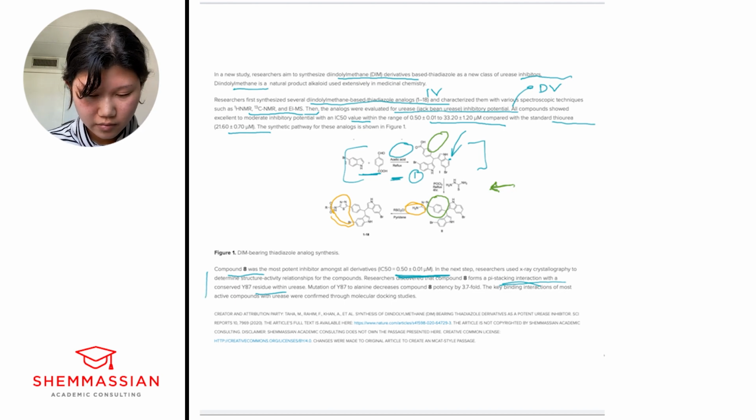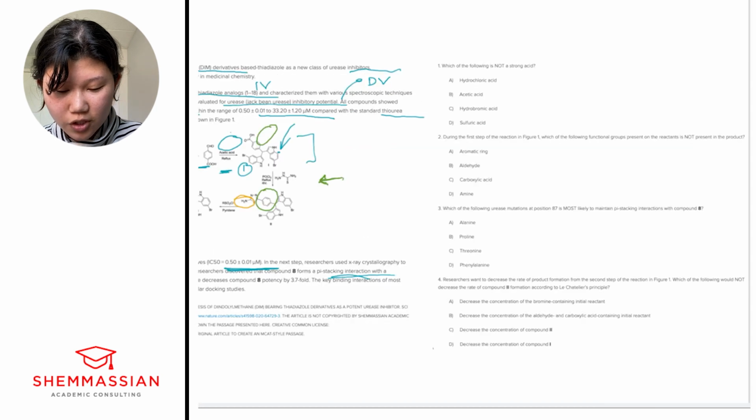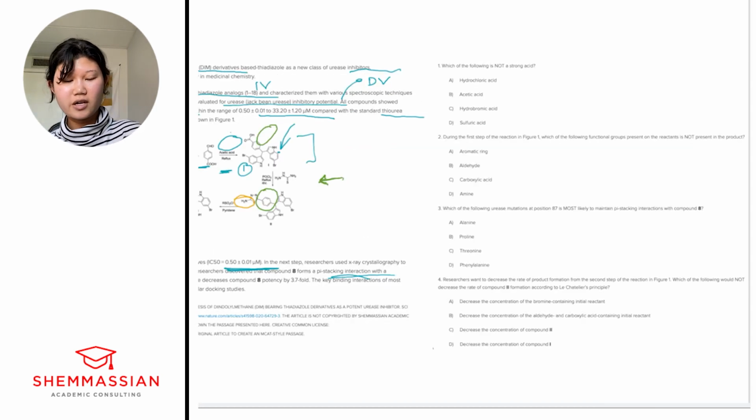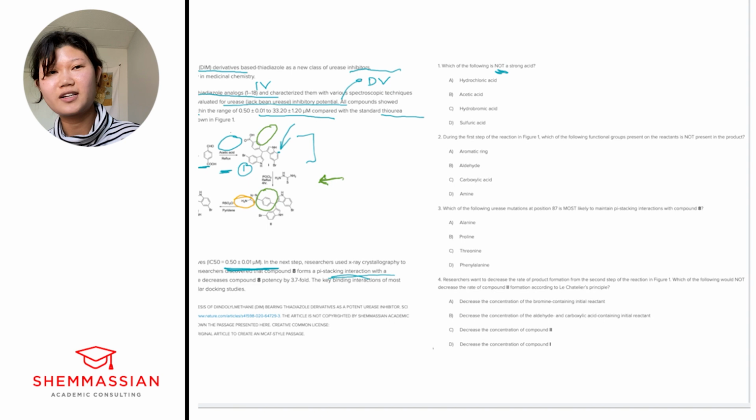All right. So question 1, which of the following is not a strong acid? Okay, so keywords, not. Anytime they have the word not or except, always note that because it is a very common mistake.